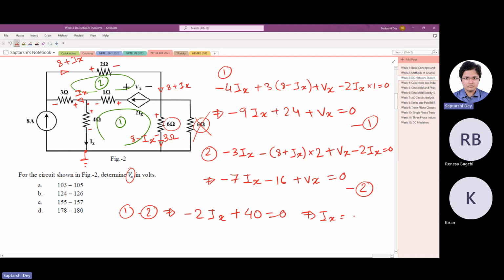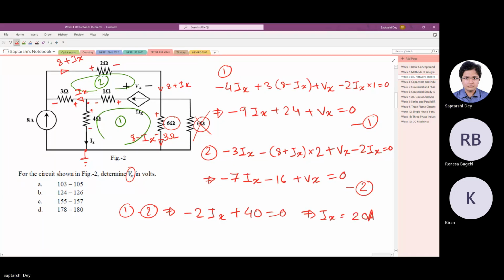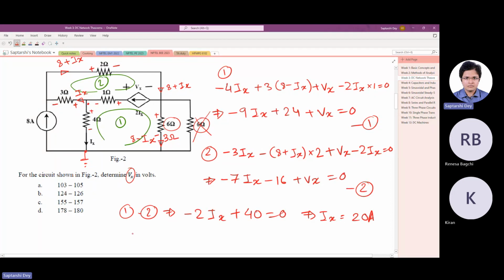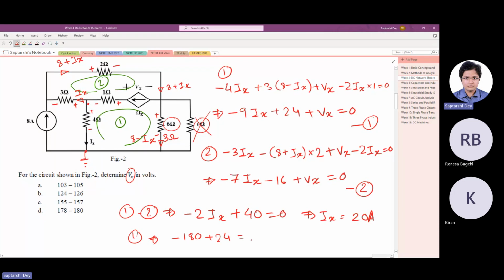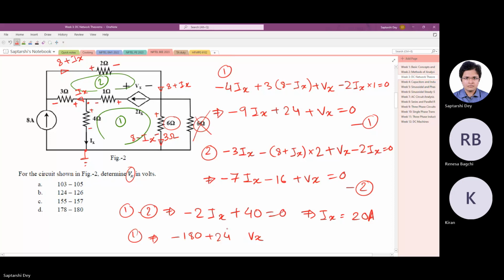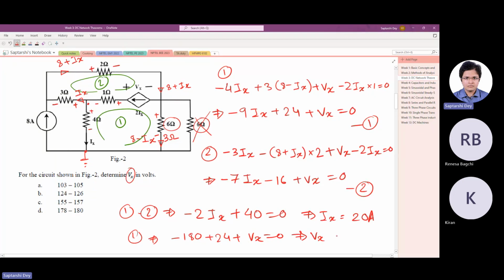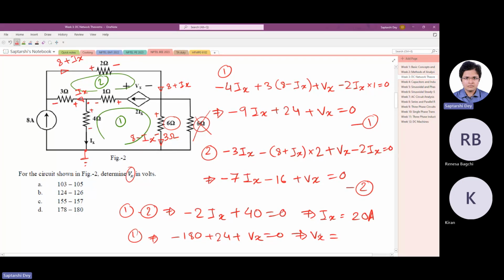So Ix is 20. Now from 1 we can say minus 180 plus 24 plus Vx equals 0. So Vx comes out to be 180 minus 24, which is 156.